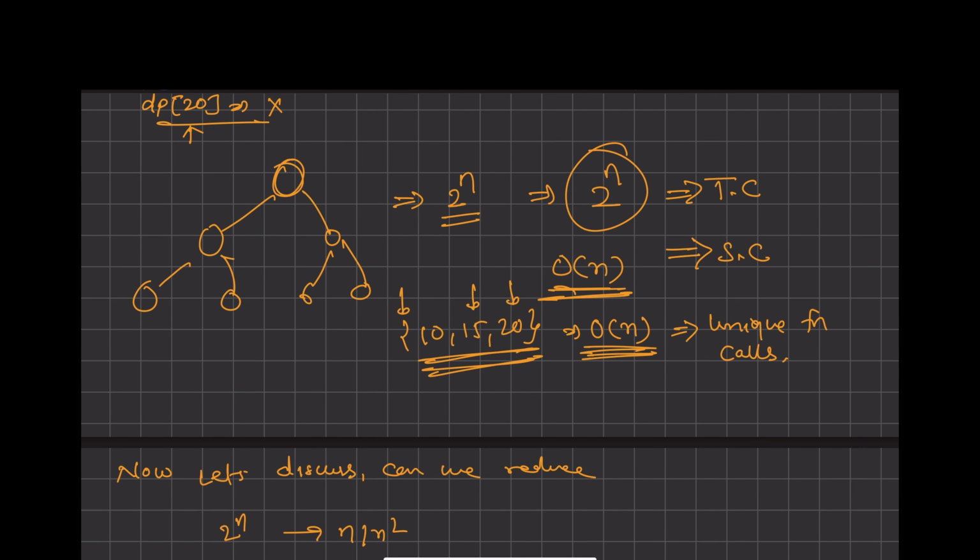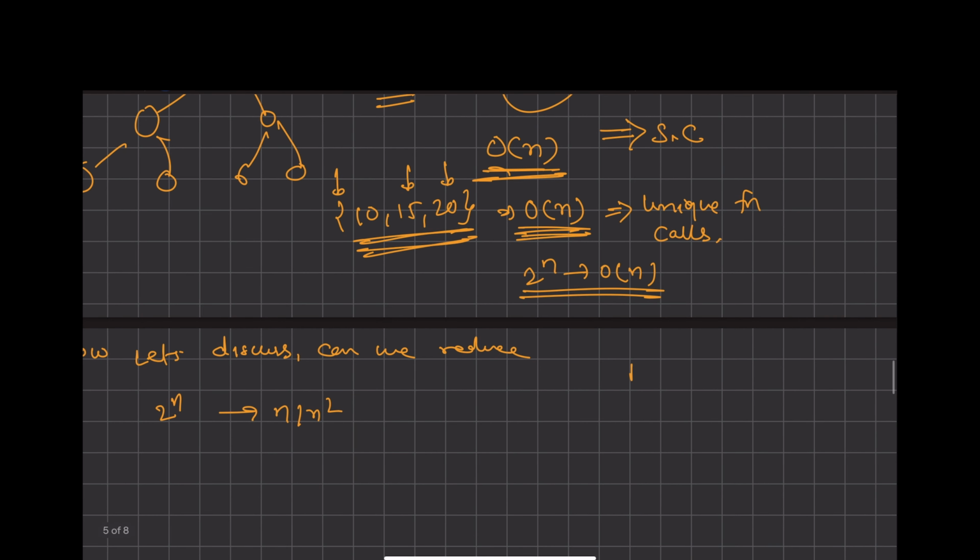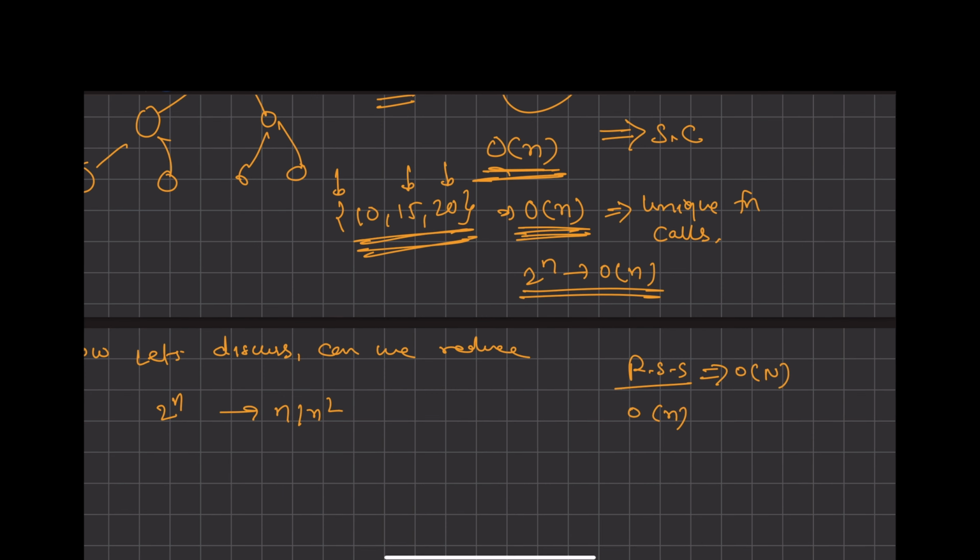So our time complexity reduced from 2 to the power n to O of n. And the space complexity, apart from the regular stack space which is O of n, here we use a dp array which also takes O of n for the unique values.